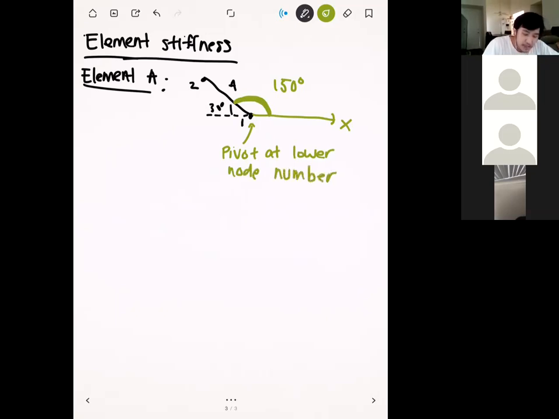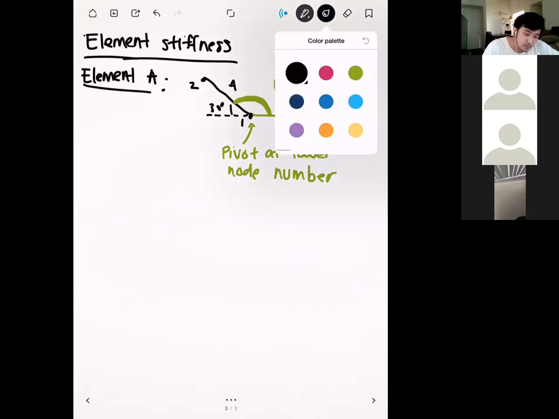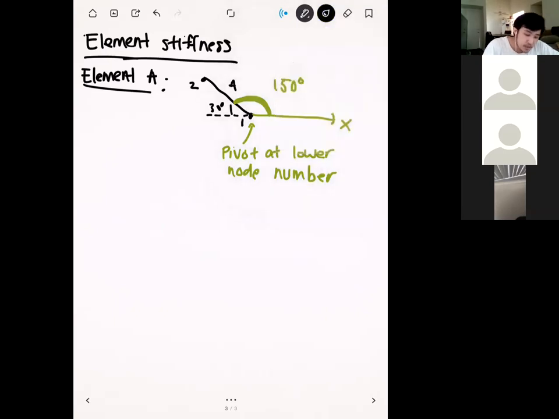So in this case, the lower node number is 1. And so if we pivot around there, how much do we have to rotate in order to get the element orientation? So in this case, the amount that we rotated was 150 degrees. So for this problem, the way that I'm going to characterize this element stiffness matrix is with the angle of 150 degrees. Okay? And so when we plug in for cosine of the angle and sine of the angle, we're going to do it with 150 degrees.